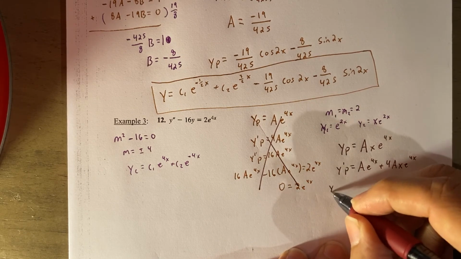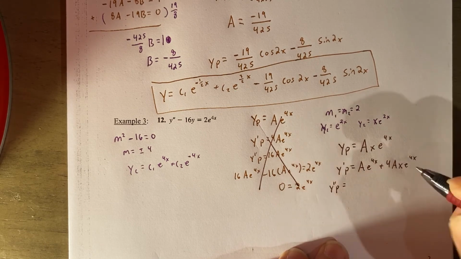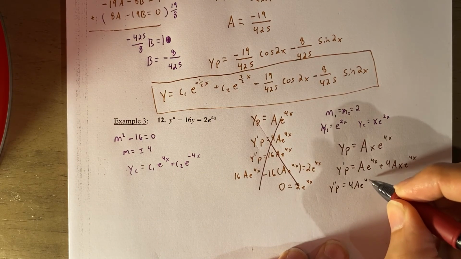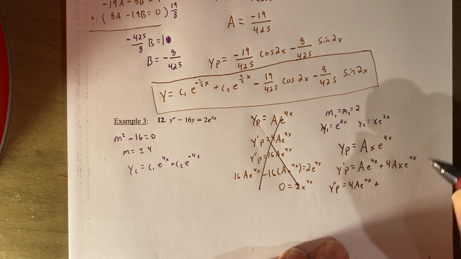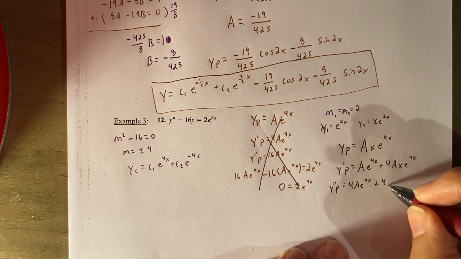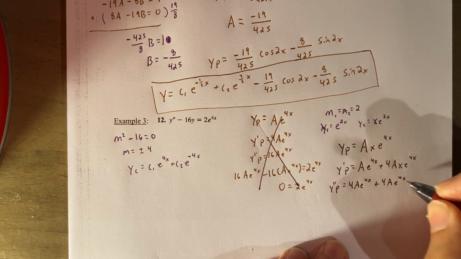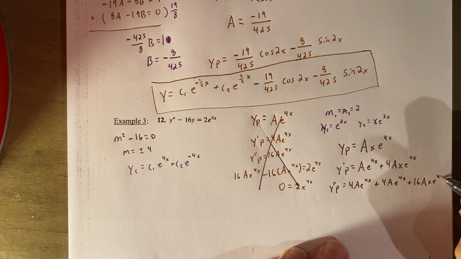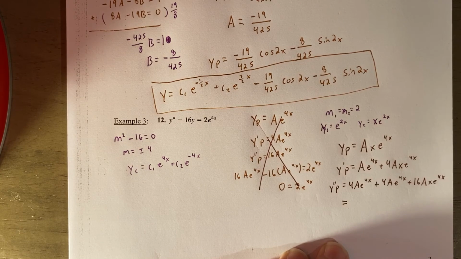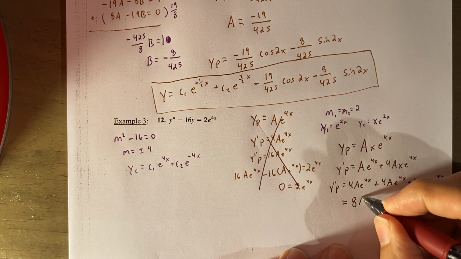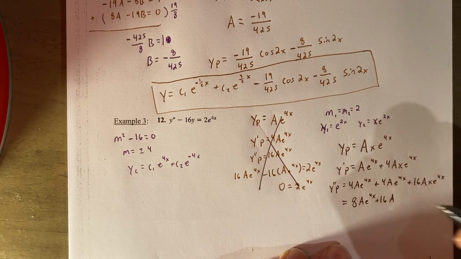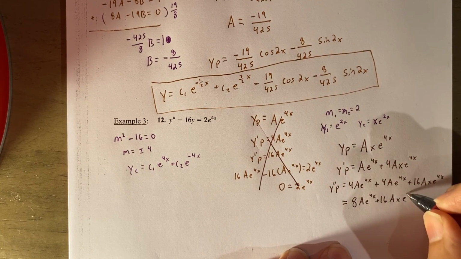Then y double prime of p: the derivative of a e to the 4x is 4a e to the 4x, plus another 4a e to the 4x, plus 4 times 4, so 16a x e to the 4x. Simplifying, we get 8a e to the 4x plus 16a x e to the 4x.